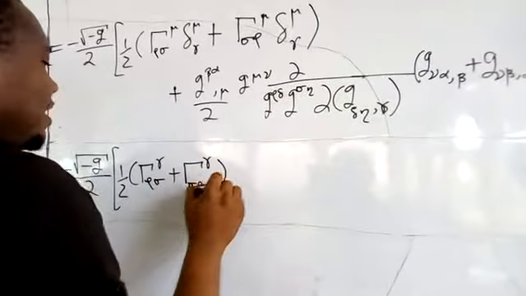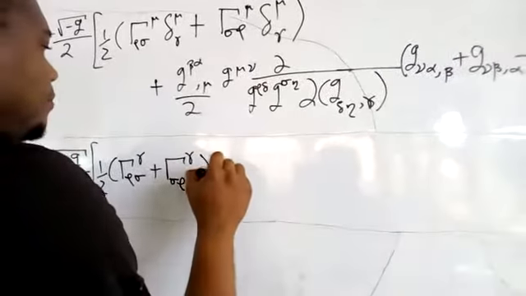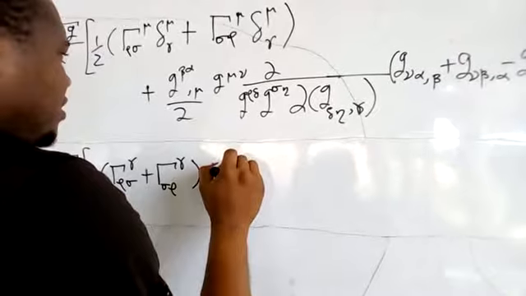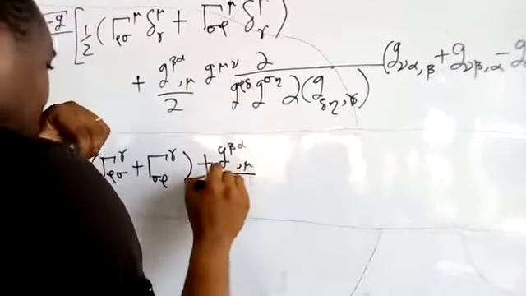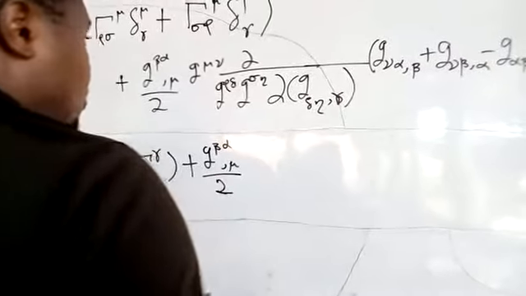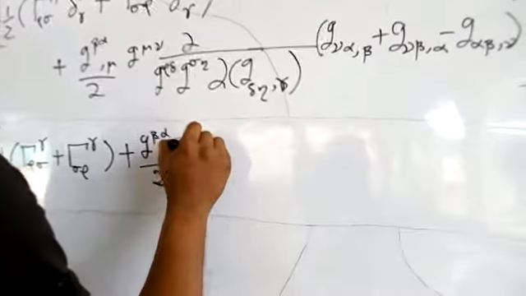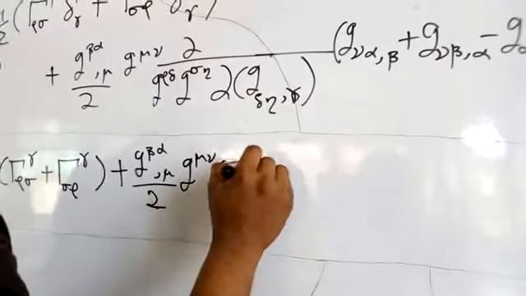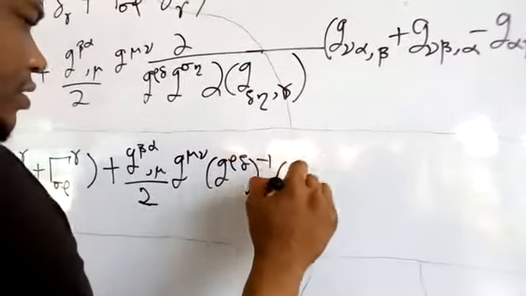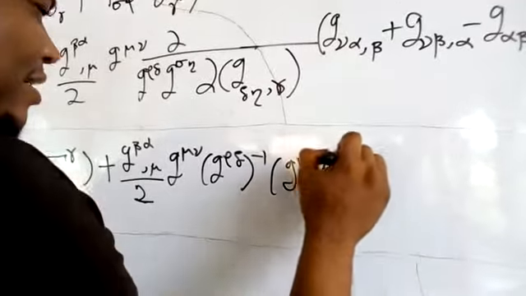Another gamma, and that is what I've got. Now, plus, I have here with me, let me say, g beta alpha comma mu all over 2. I have here g mu nu. So I can say g rho delta inverse, g sigma eta inverse.